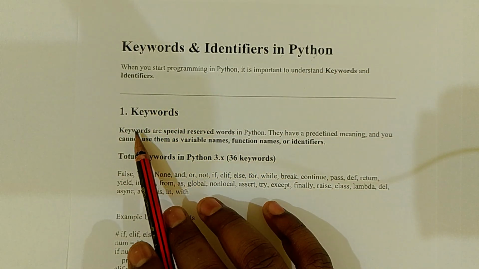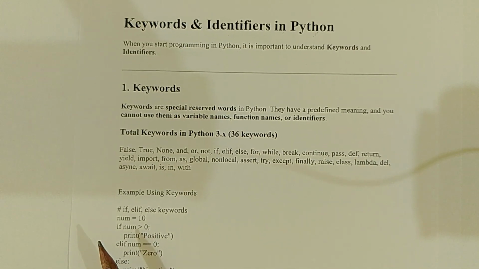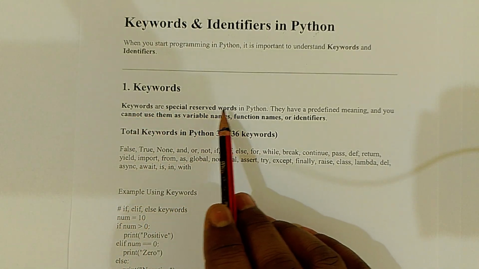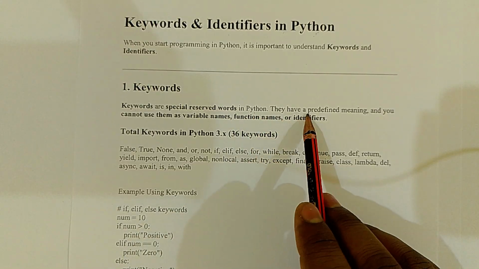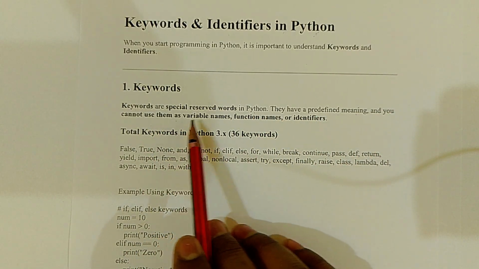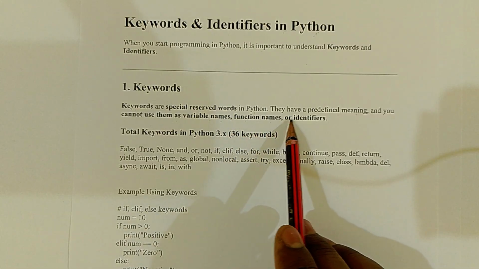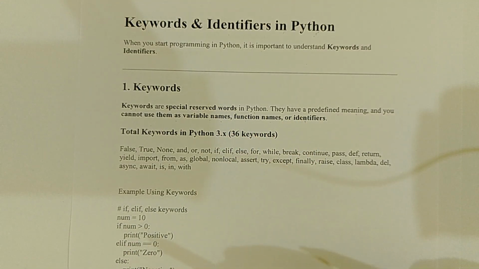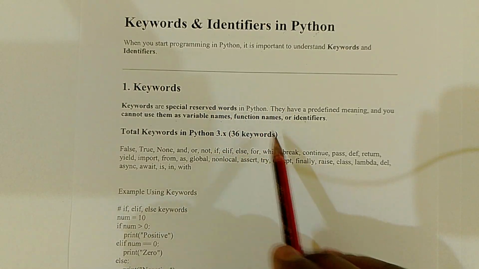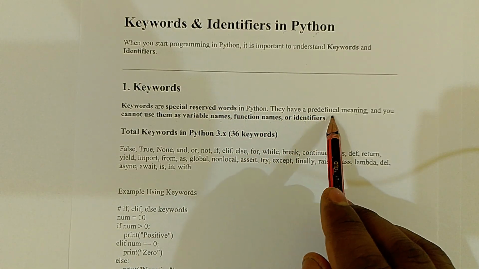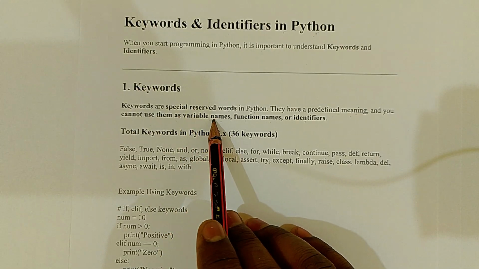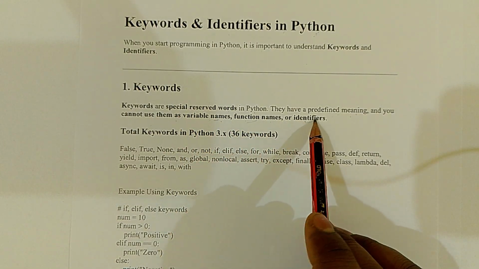Let's discuss the keywords first. Keywords are special reserved words in Python. They have a predefined meaning and you cannot use them as a variable name, function name or identifier.